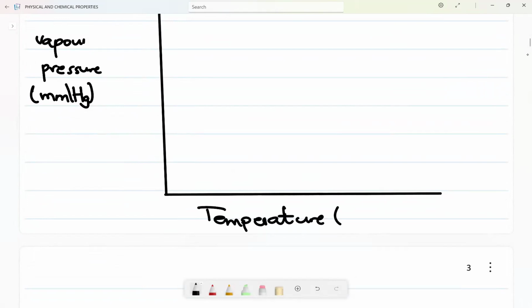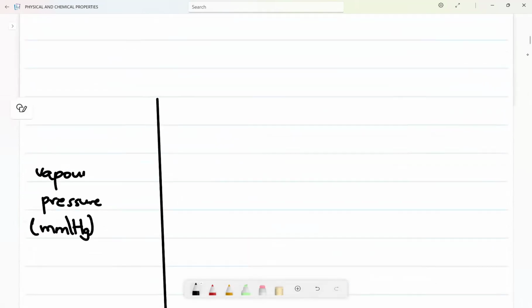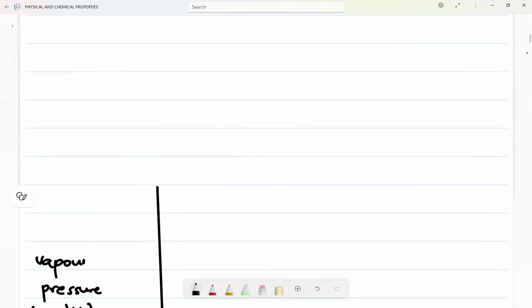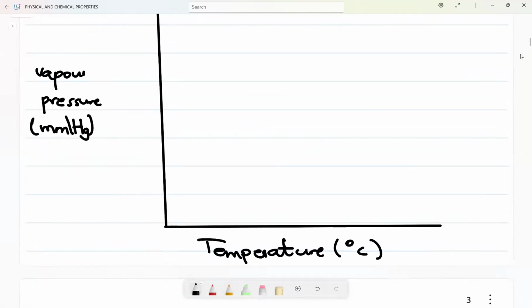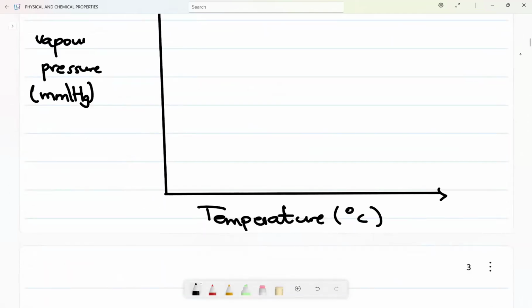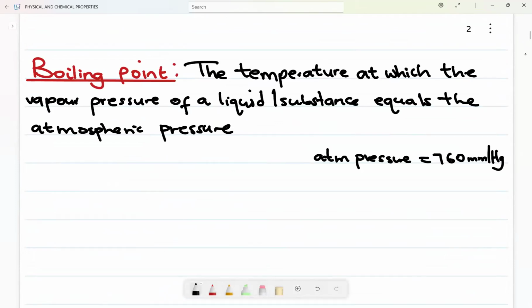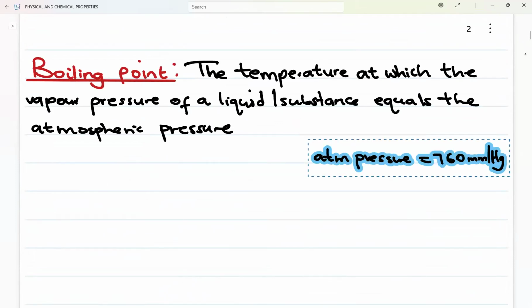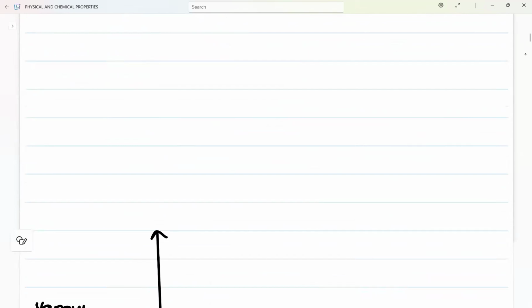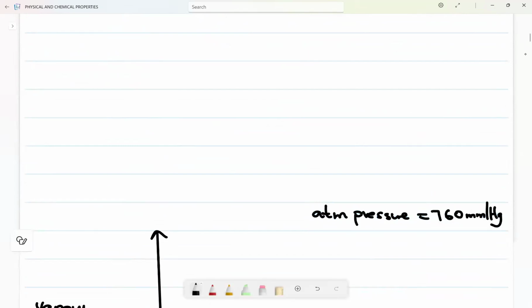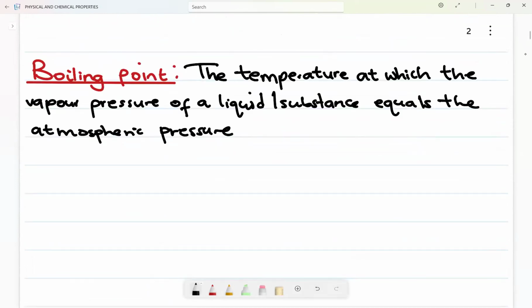Remember, I should label it in degrees Celsius or in Kelvin. Now let us know how to define vapor pressure. Let's also define melting point.